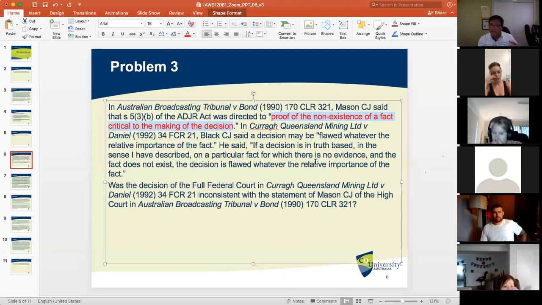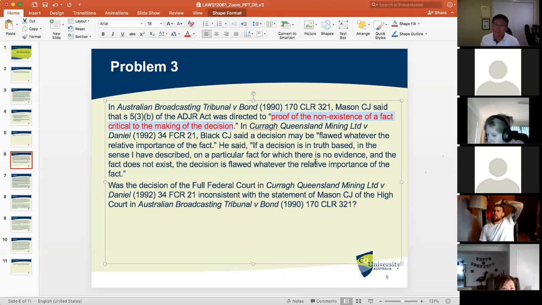Let's assume a scenario where you have a decision made by an executive under an enactment, and that decision made a finding of fact, but there was no evidence to support the finding of fact. Are we clear? Question: can you apply for judicial review under the ADJR Act on the ground of no evidence? Was that question clear?